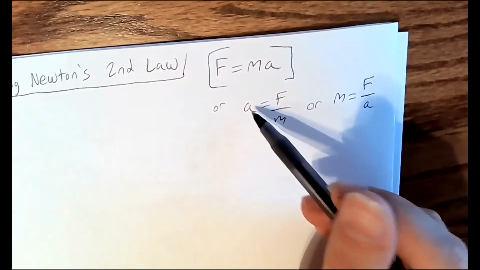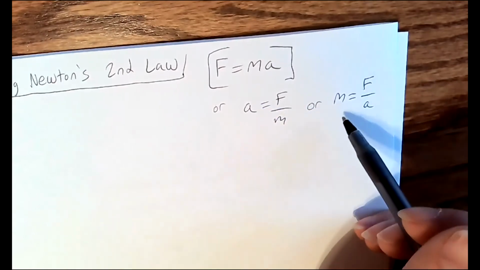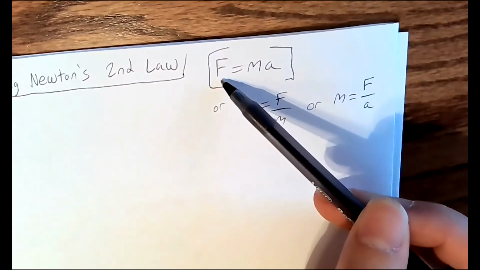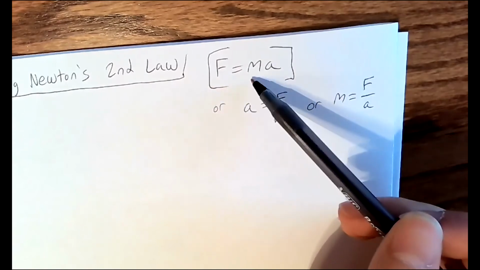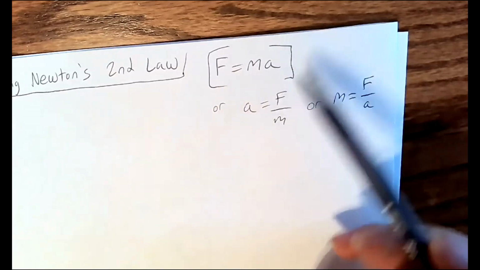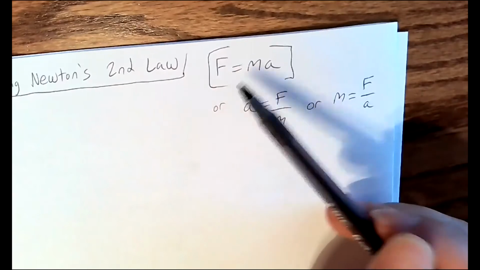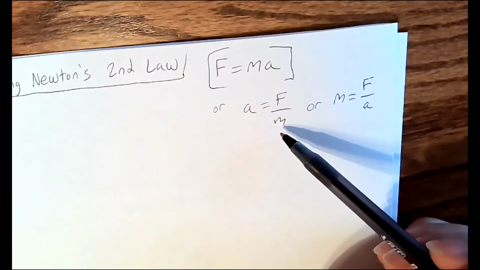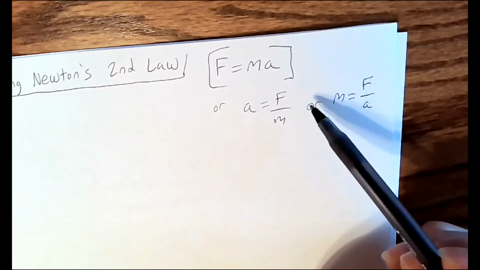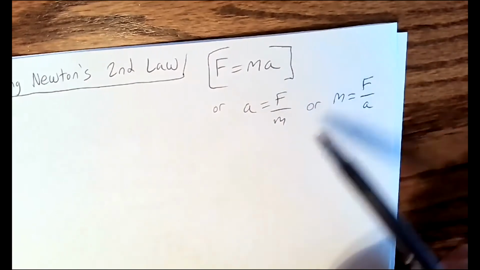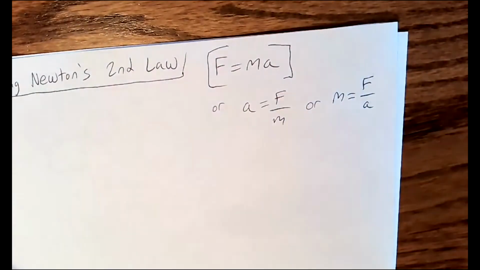Or you can rearrange that as A equals F divided by M, or M equals F divided by A. In these problems, we're going to be asked to find the force, given mass or acceleration, or you need to find acceleration first and then multiply by mass to find the force. Or you're given a force and a mass and you need to find the acceleration. Or you're given force and acceleration and you need to find the mass. You're going to use these equations a lot, so be prepared.